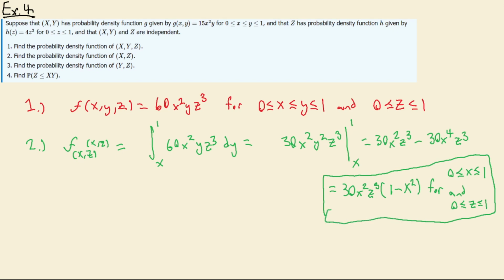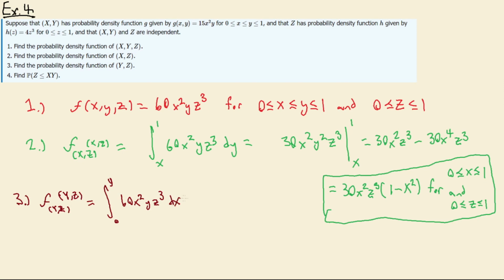All right, now here we're asked to find the probability density function for yz. Very similarly, if we want to find this marginal probability density function, we just have to integrate the joint probability density function over all values of x. x here ranges from 0 to y, and we have our joint probability density function of 60 x squared y z cubed.